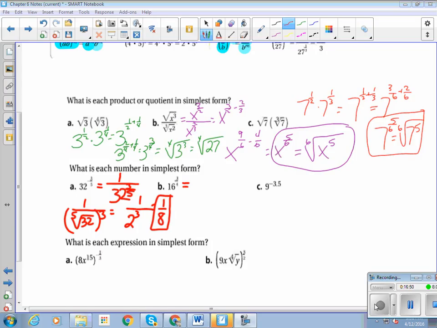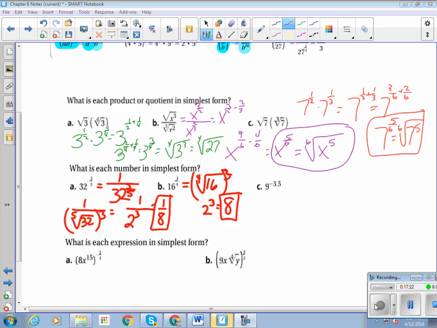Is 16 a perfect 4th root? Yes. The 4th root of 16, because you go 2 times 2 is 4, 4 times 2 is 8, 8 times 2 is 16. So the 4th root of 16 is 2, and then I cube it, and 2 cubed is 8.